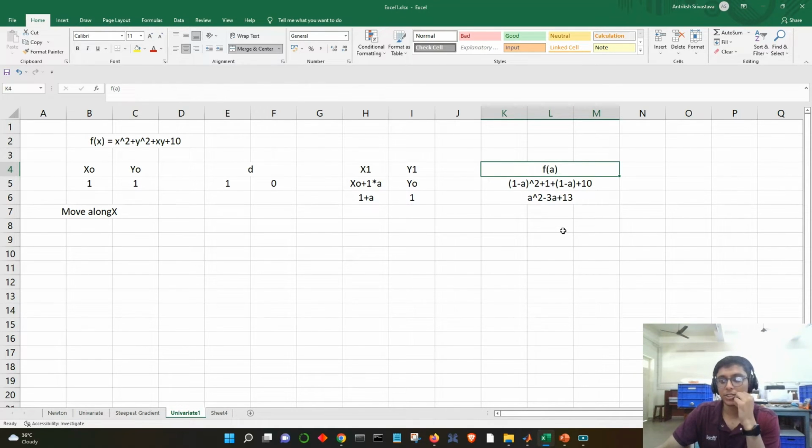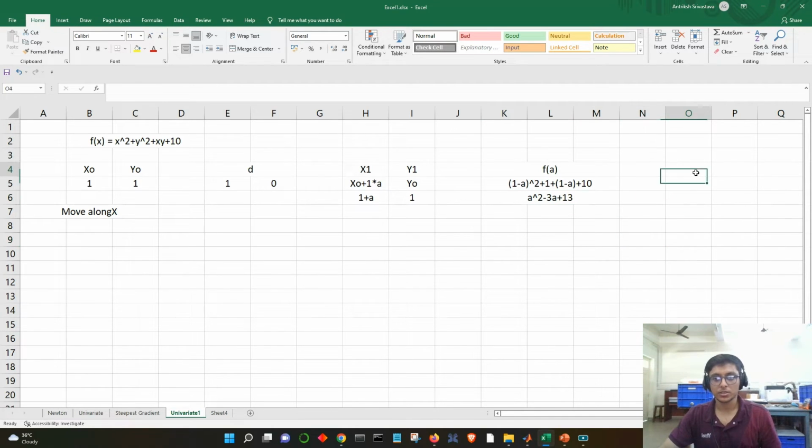What do you guys suggest? Should we use Newton-Raphson, or should we just differentiate and get the value of a? If we differentiate and equate to 0, yeah, we can. That's what I am asking.